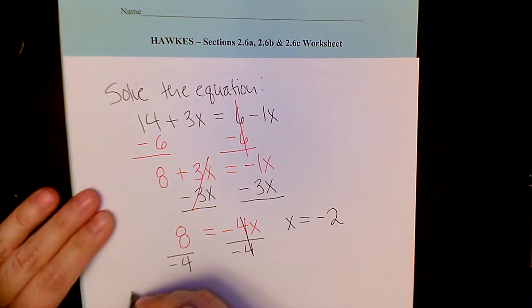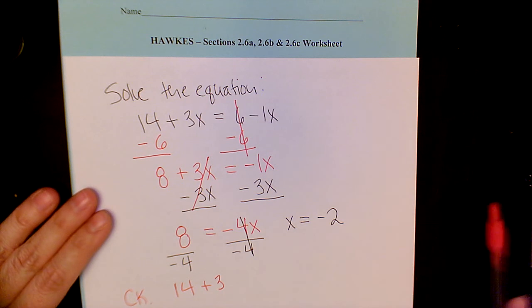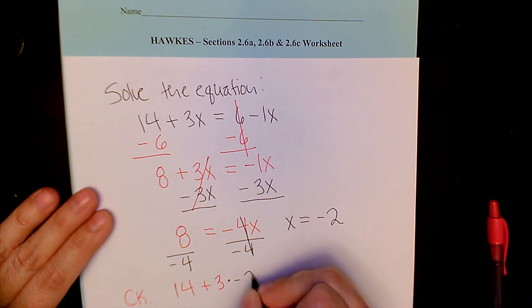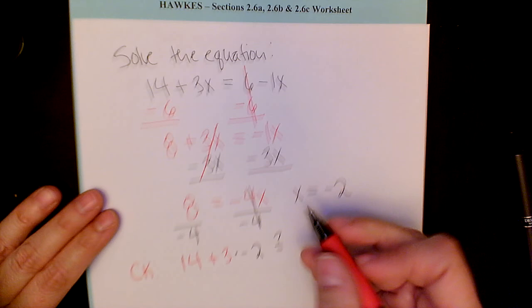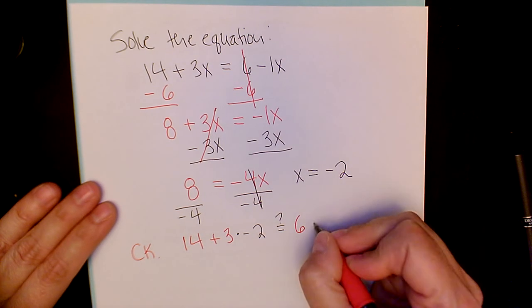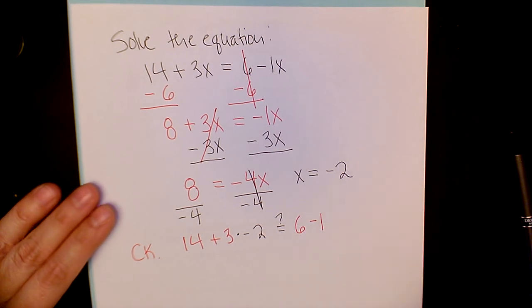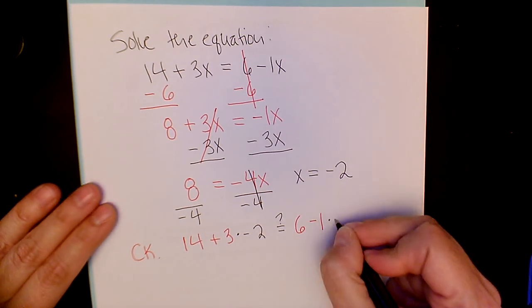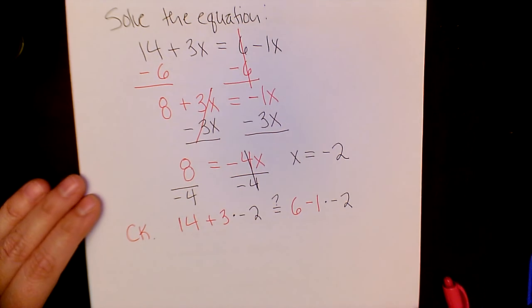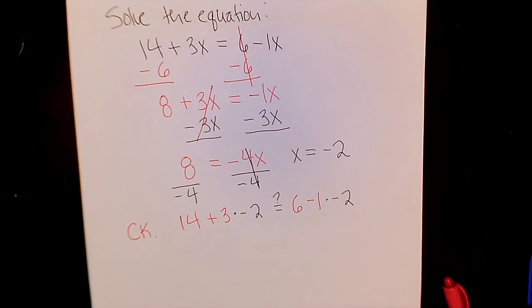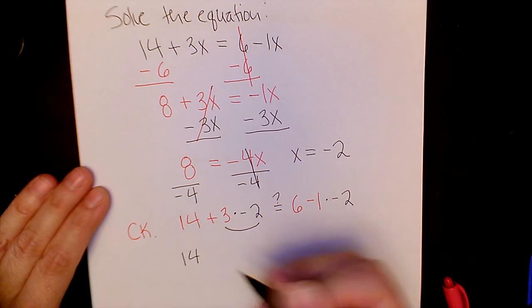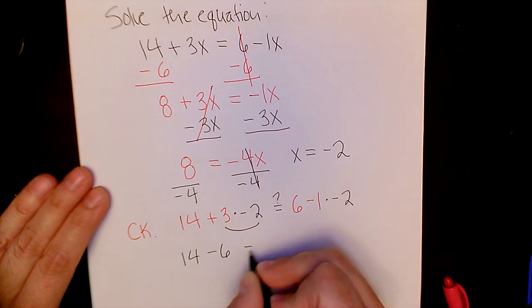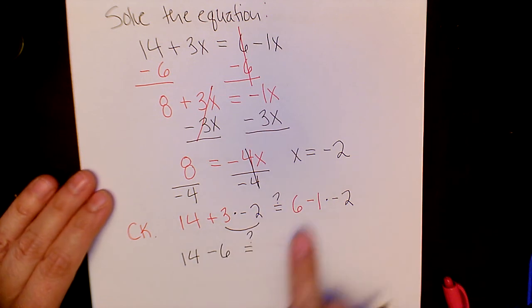I'm going to do a check. 14 plus 3 times negative 2, does that get me to 6 minus 1 times negative 2? Okay, I'm just checking. So, let's see, what's 3 times negative 2? 14 minus 6 on this side.